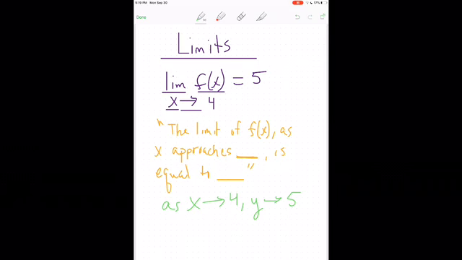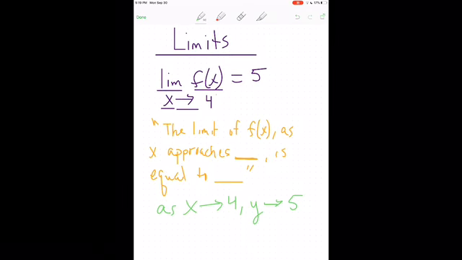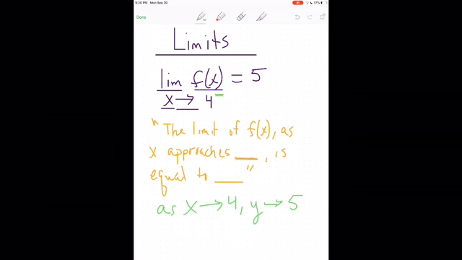And then I'm going to add in a quick thing. I'm going to put a negative sign up here, you could think of it as the exponent. What this negative means is from the left side. So sometimes we have different limits as we come from the left side versus when we come from the right side. So the negative sign means from the left, right? Because if you think on a number line, well, where's the left?